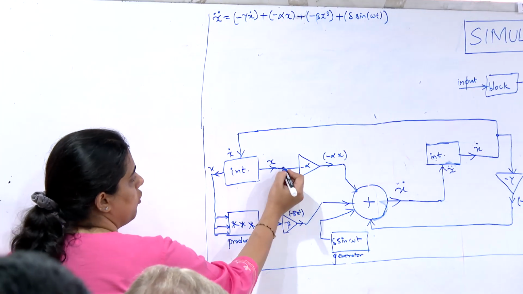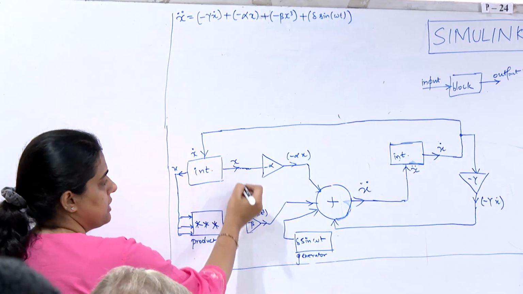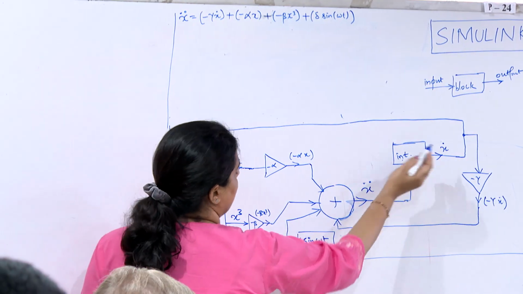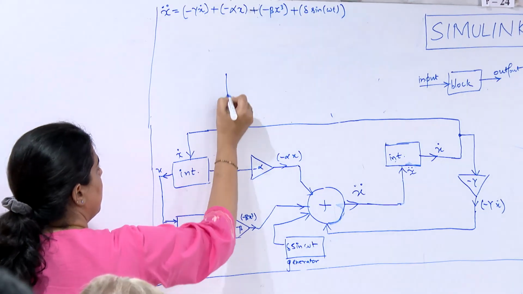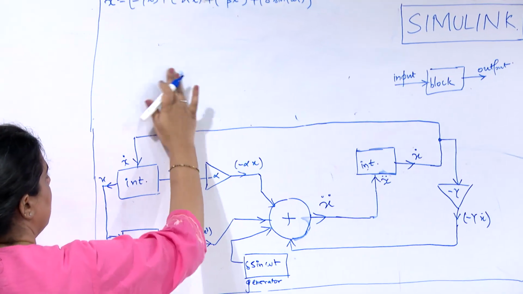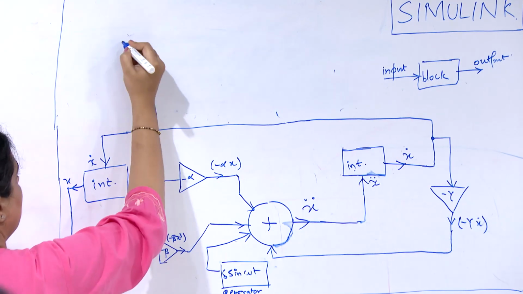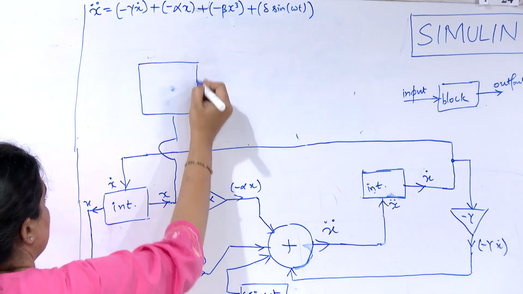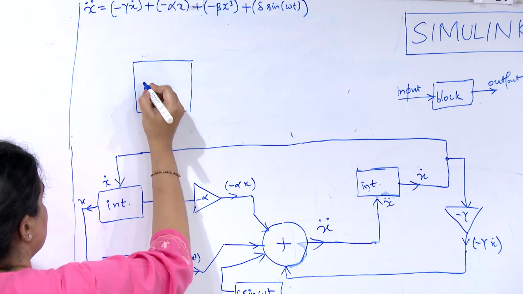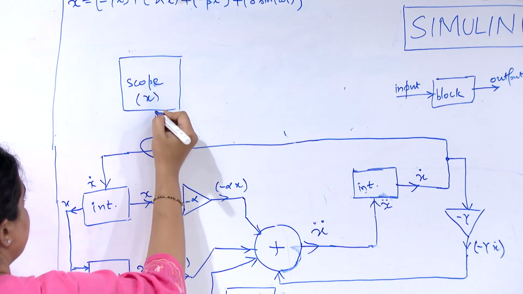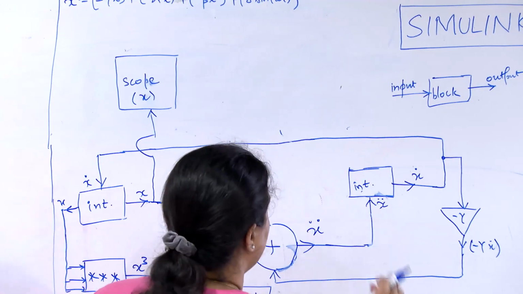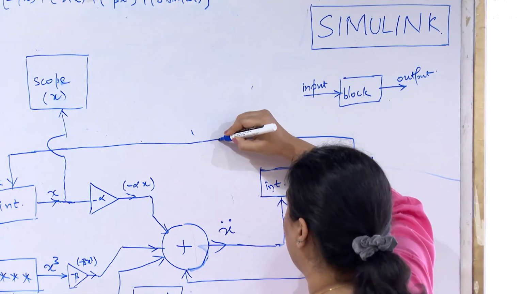Suppose I want output at x, I want the displacement and I want velocity also. So I can put a scope here for displacement. This will give me x, and one at x dot I can put, right?